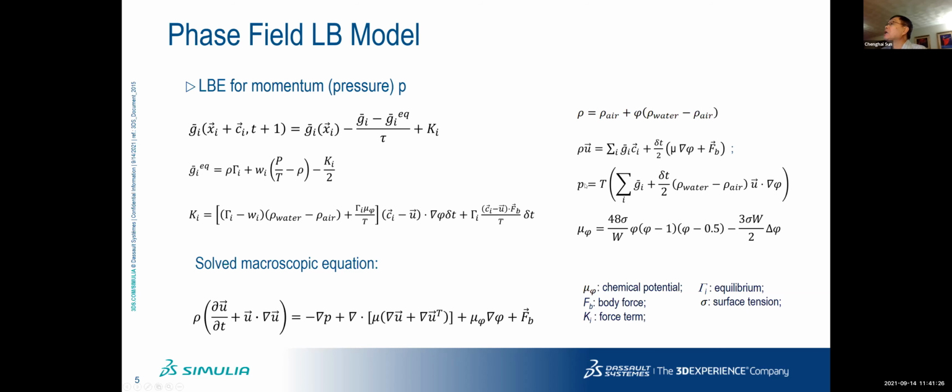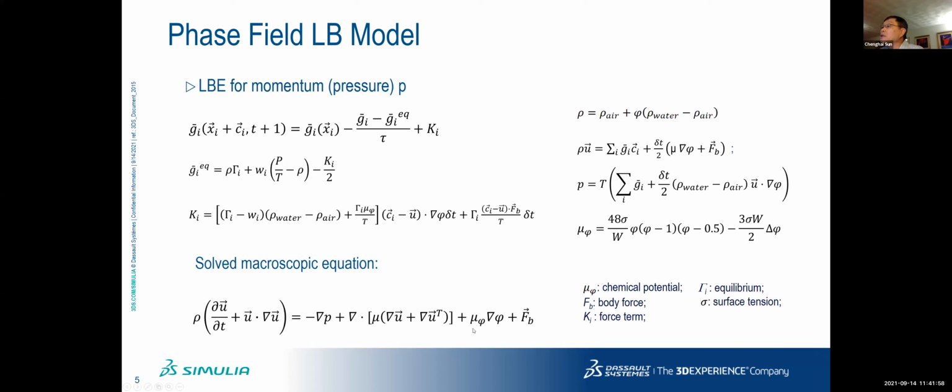Eventually, we define the velocity by the first moment of G plus the first term. And the pressure is defined here. Eventually it's equivalent to solving the Navier-Stokes equation here.